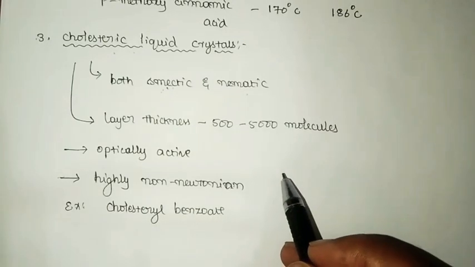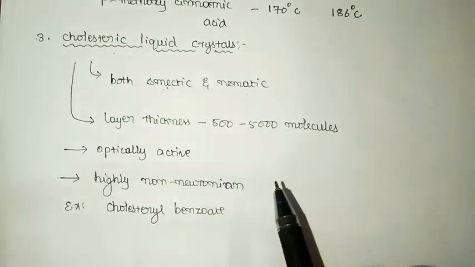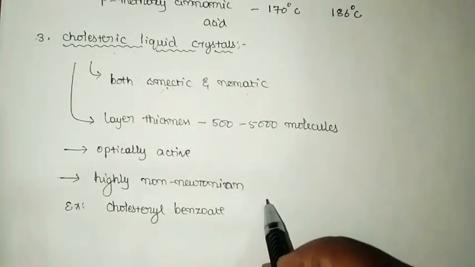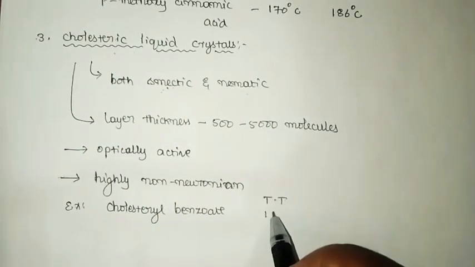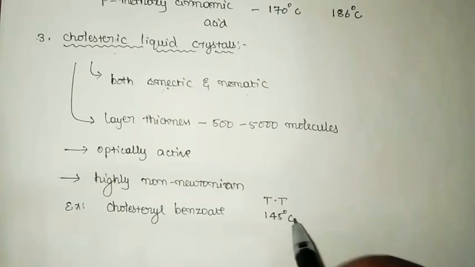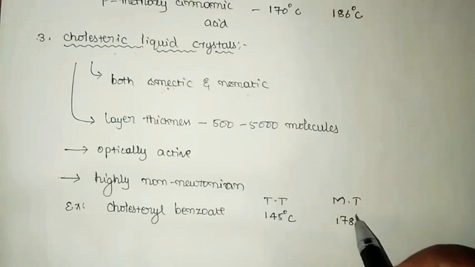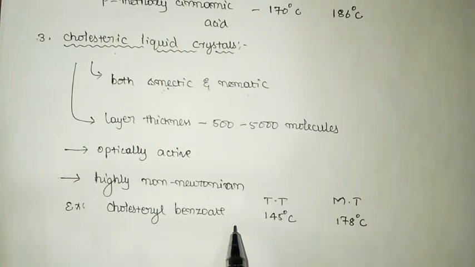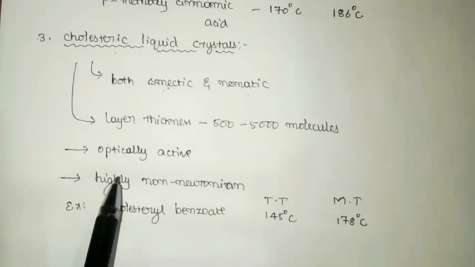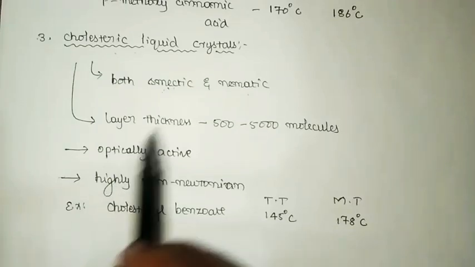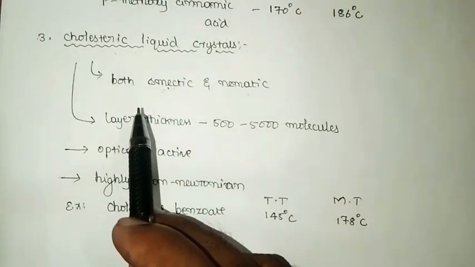Cholesterol benzoate is the very best example for cholesteric type of liquid crystal, which has a transition temperature of 145 degrees Celsius and its melting temperature is 178 degrees Celsius. And these cholesteric liquid crystals are mainly used in generation of lasers.